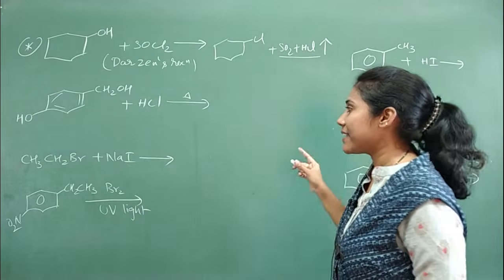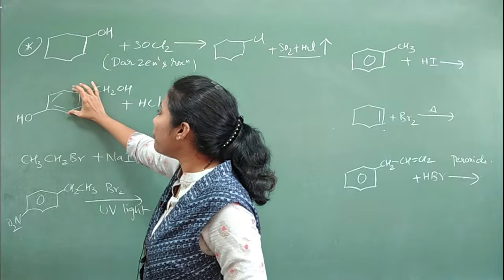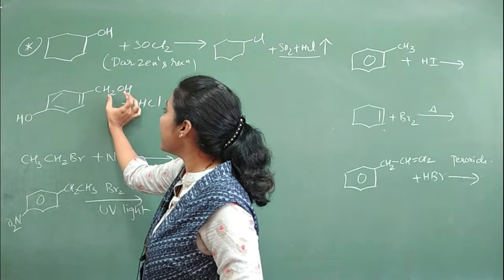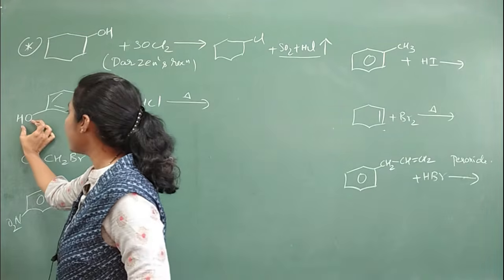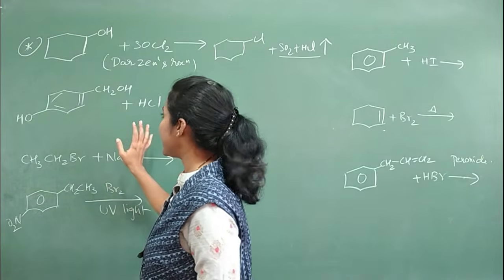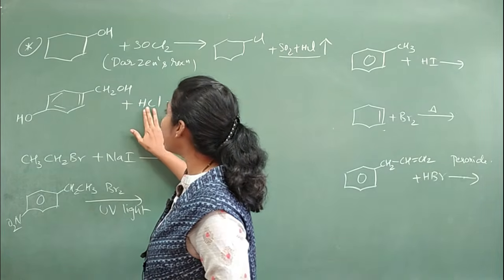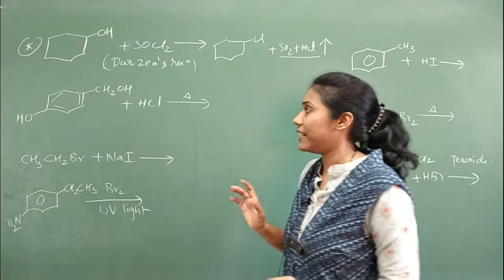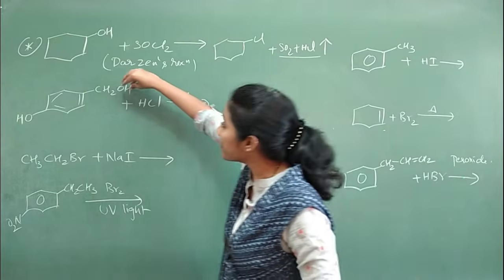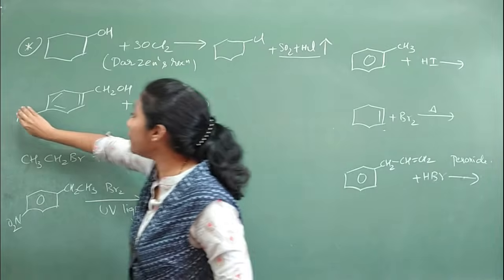Coming to our next reaction. See here, you have a benzene ring, and here is one group and here is another OH, right? So this is definitely an alcohol, I can say. And when you heat alcohol with HCl, hydrochloric acid, this OH will get replaced with Cl.